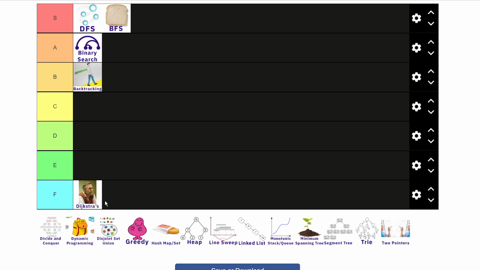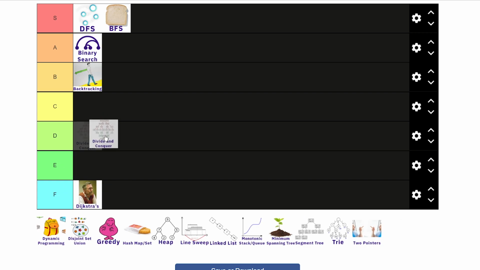You might want to read up on it once and think about the idea, but really, divide and conquer is less important than backtracking, I would say, but more important than Dijkstra's algorithm. So it's somewhere between C, D, and E. So I think I'm going to put this honestly in the D tier for divide and conquer.